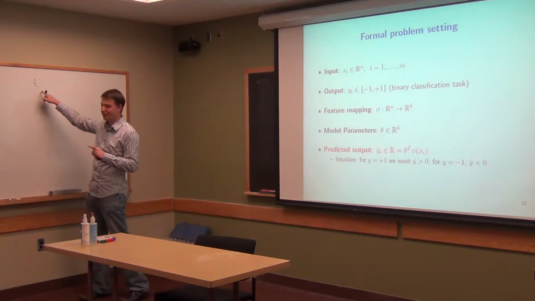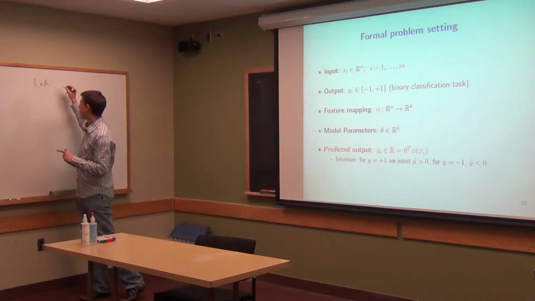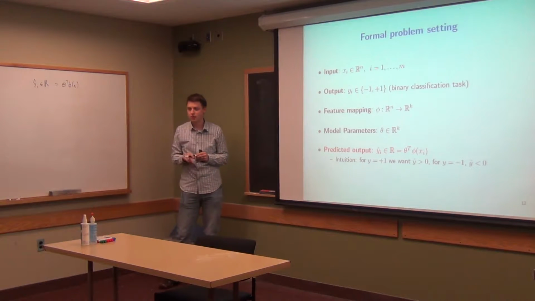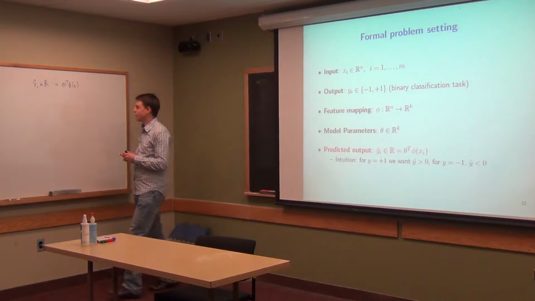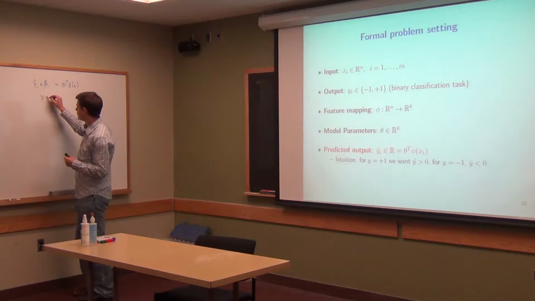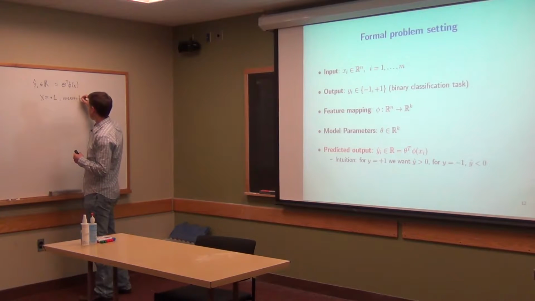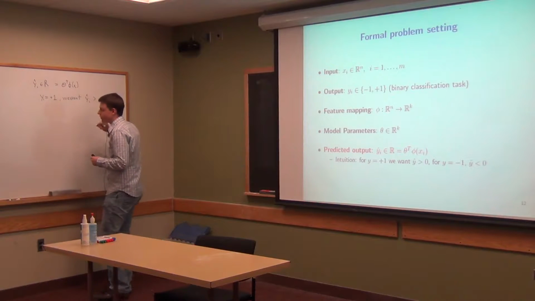So predictions we make here are still real valued, and they are still equal to theta transpose phi of xi. With the intuition being that if yi equals +1, we want y hat i to be greater than 0.